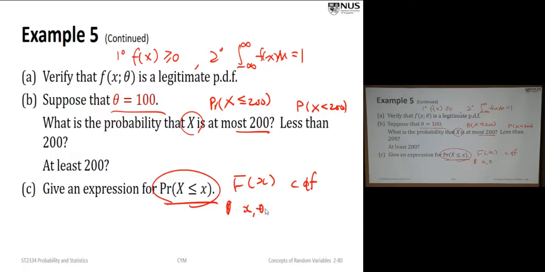You also should see theta. Why theta? Because theta comes with it. You cannot get rid of the theta. The probability density function has the theta. Remember f of x, there's a theta there, theta square in fact. So we expect this to be a function of x and theta.